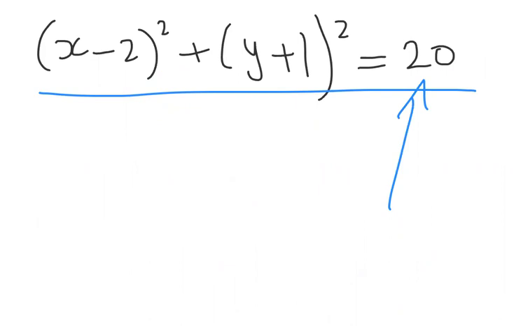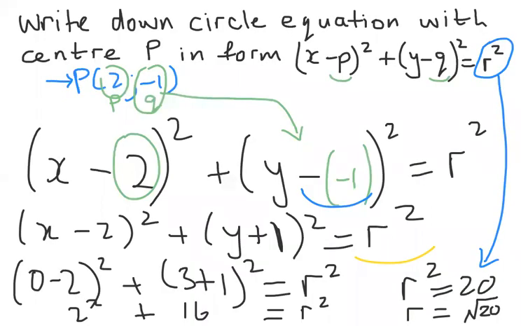So let's just recap briefly again. They ask, write down the circle equation with center P in the form, then they give that form. Now this form here means P and Q. PQ is the center of the circle. Fortunately, we have the center, which is P, where x is 2 and y is minus 1.